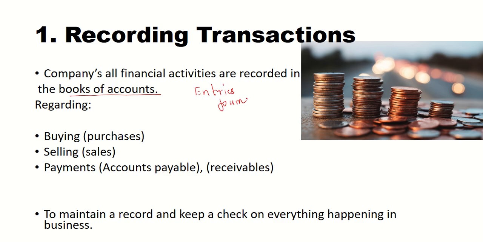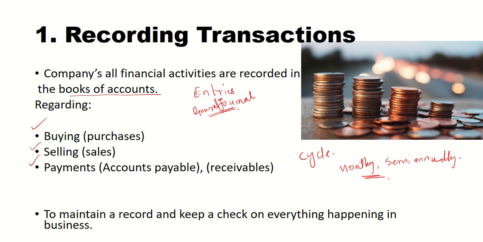You have studied a journal, which is maintained by an accountant. So in that, what is going to be recorded? Purchases, sales, payables or receivables, expenses and profits, and everything related to the transactions that happened in that particular cycle, right? The cycle can be monthly, yearly, or semi-annually, depending upon the nature of the business.